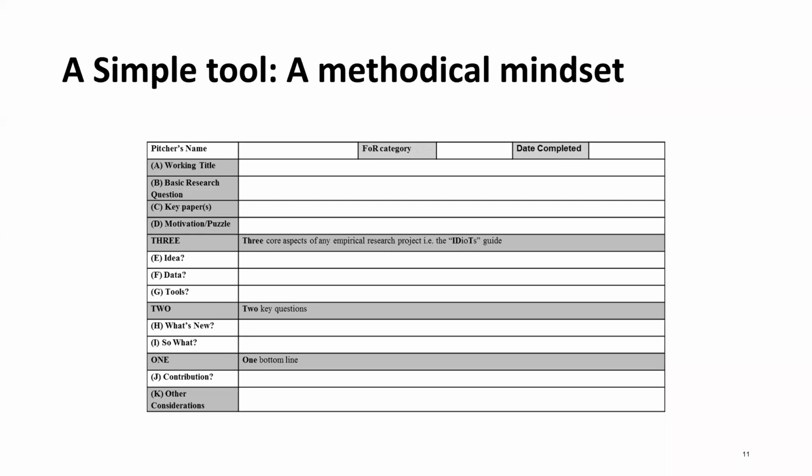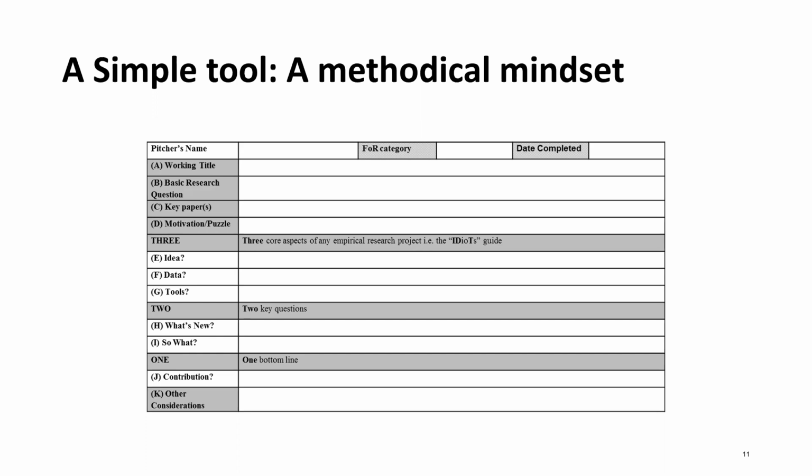Okay, let's have a look at what these items are and read them off. So we have item A, the working title. We have item B, the basic research question. Item C are the key papers. Item D, motivation/puzzle. We have item E, which is the idea. We have item F, which is the data.